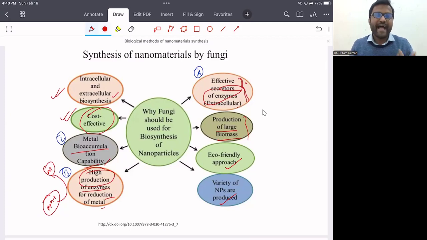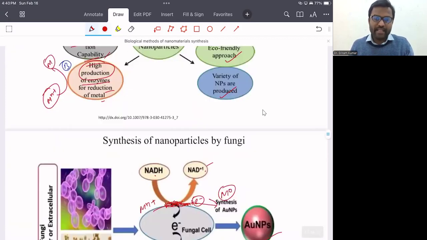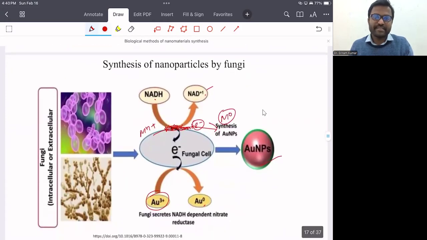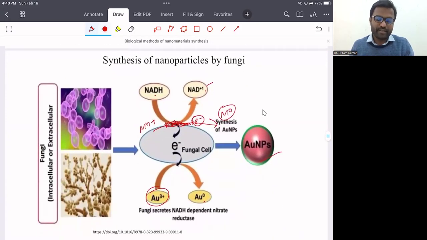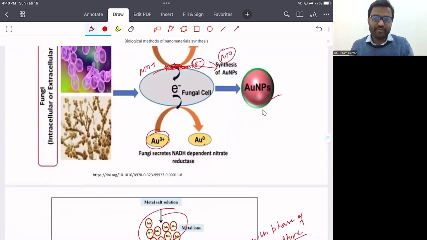Second is the high production of enzymes. And the third is that the metal bioaccumulation capability of fungi is better than that of bacteria. We also understood, with an example, how fungi take part in the synthesis of material using intracellular and extracellular techniques.